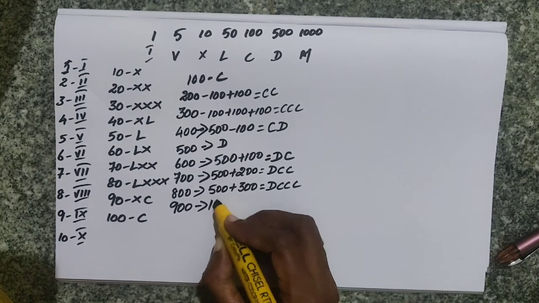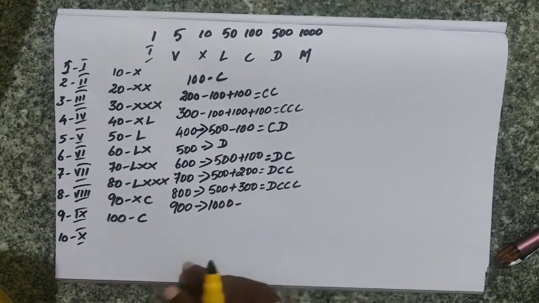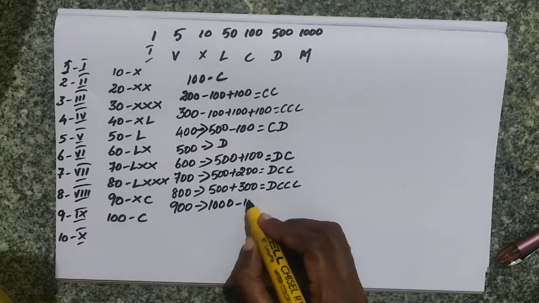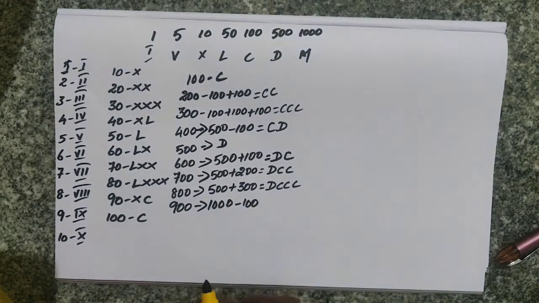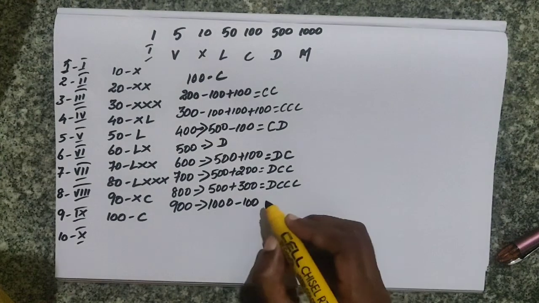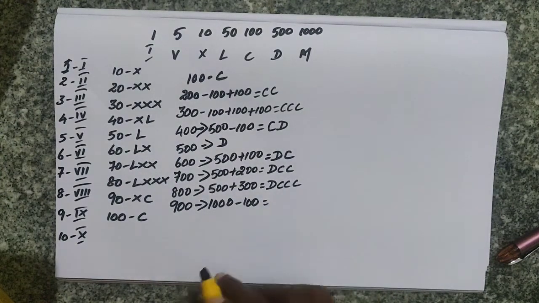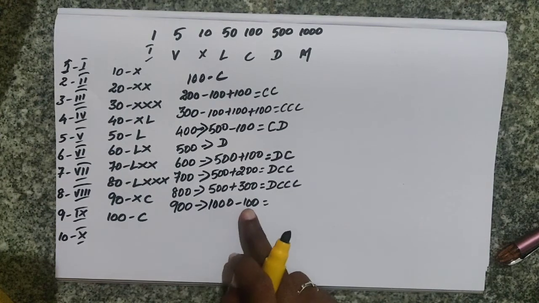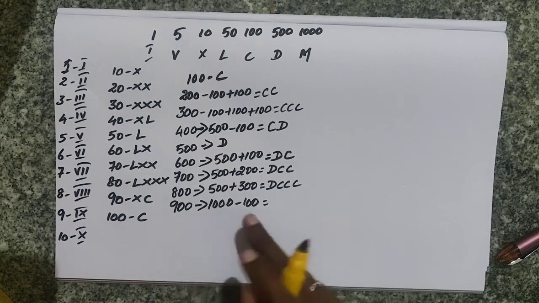So from 1000, if you minus 100 you will get 900. So 1000 minus 100 is 900. It is subtraction, so according to the subtraction rule, the smaller numeral will come on the left side of the bigger numeral.